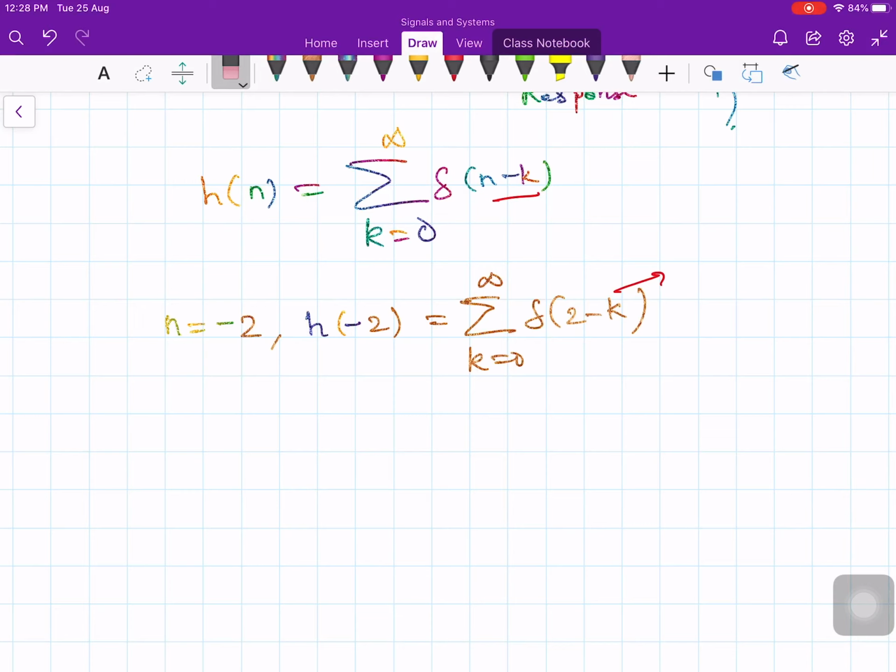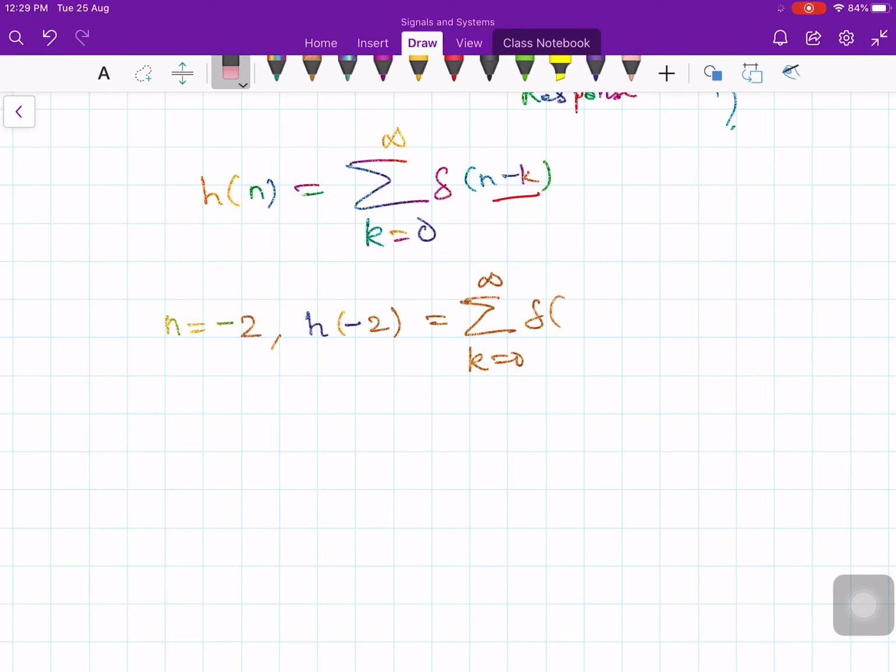Now let me expand this. When k equals 0, del of 2, I'll get it fine. Then when k equals 1, then 2 minus 1 is 1. When k equals 2, then again I'll get 2. Somewhere it is fishy, it's not getting the answer. That's a mistake I made, I'm sorry. Here I put 2 instead of minus 2.